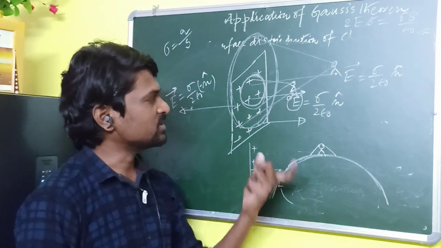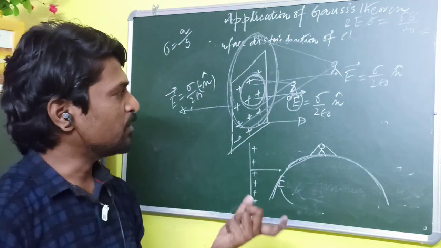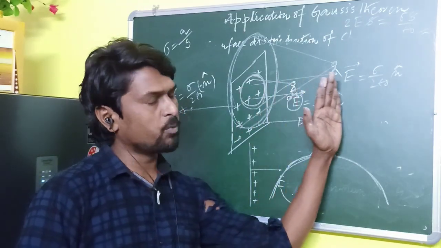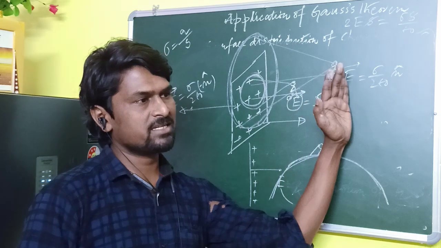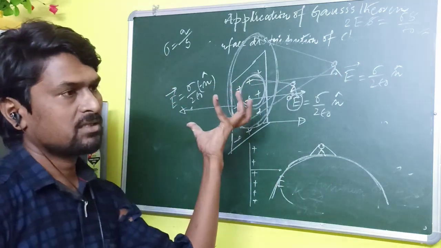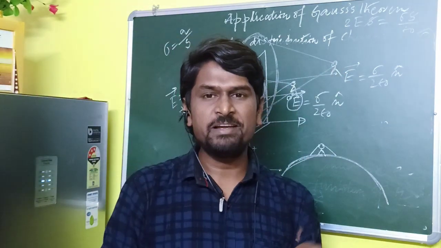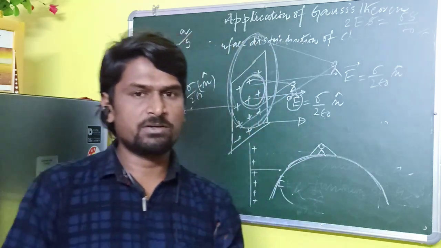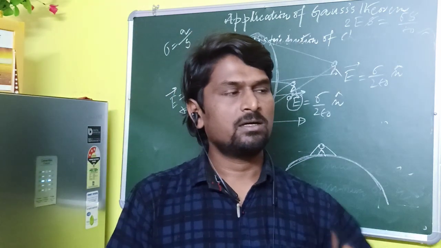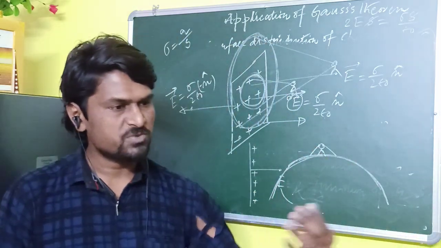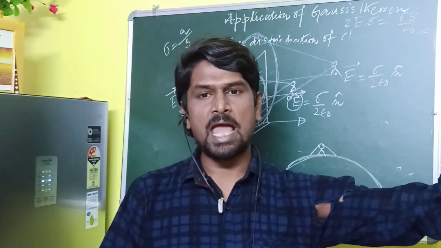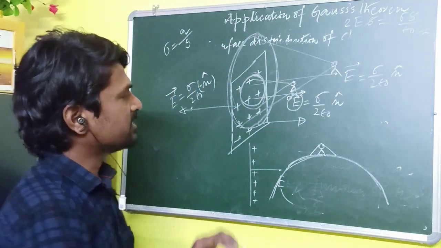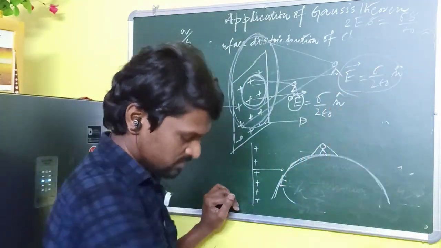So this is the fact, and it is interesting. When the observation point is away from the sheet, more and more charge comes into the field of view and compensates for the decrease in electric field as the observation point moves away from the sheet. That's why it is not a function of R.